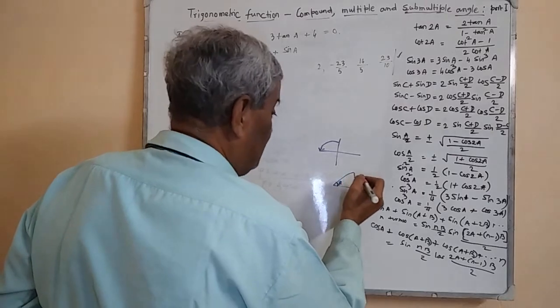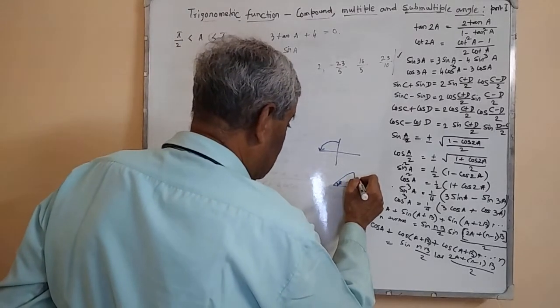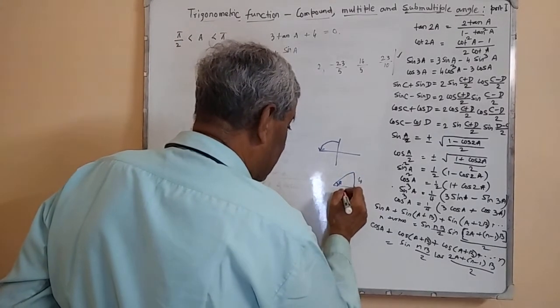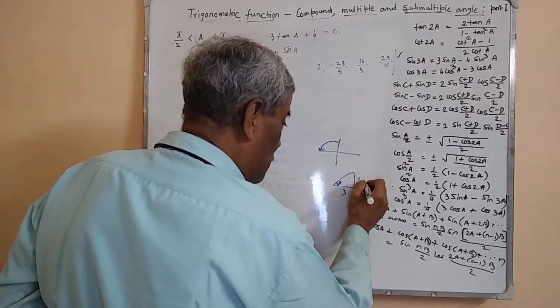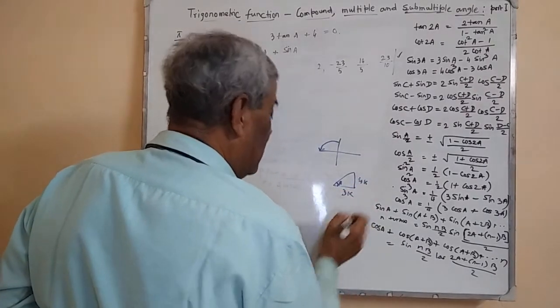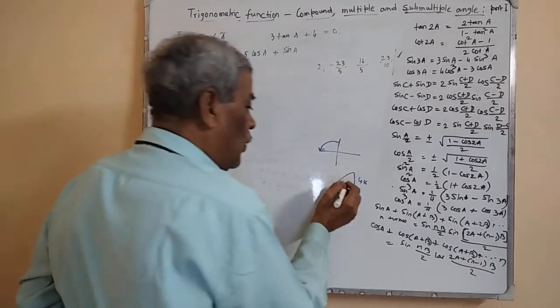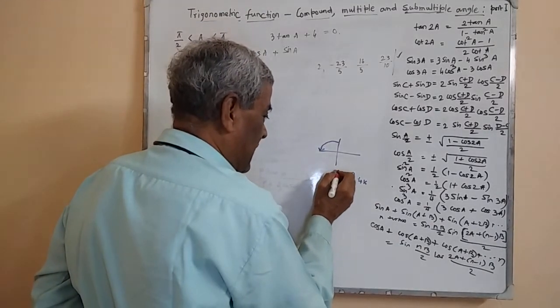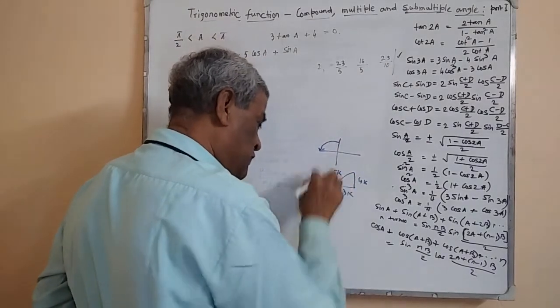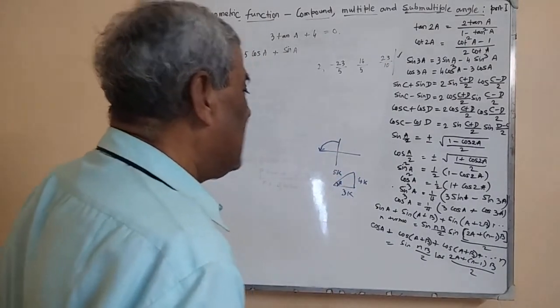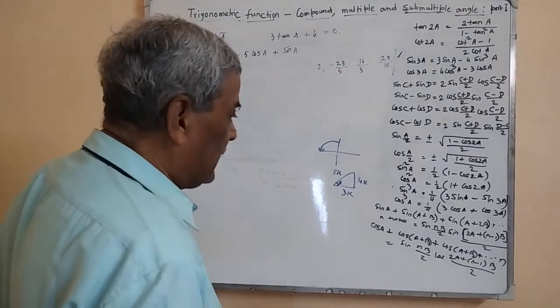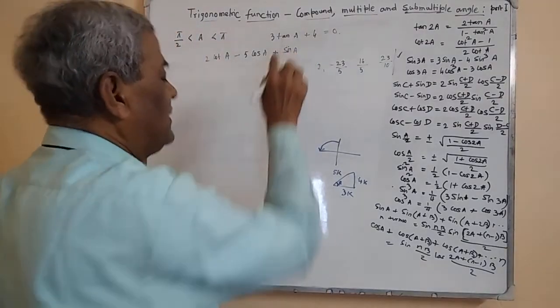Tan A means this by that. If it is 4k, this is 3k. So by using Pythagoras law, the hypotenuse is 5k. From this figure, sin A, cos A, everything can be obtained.